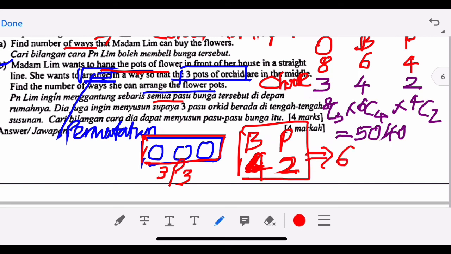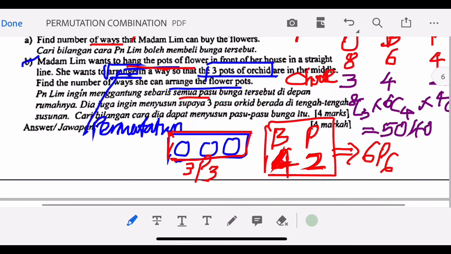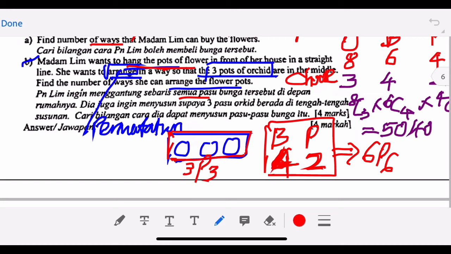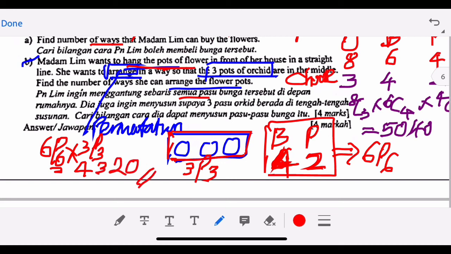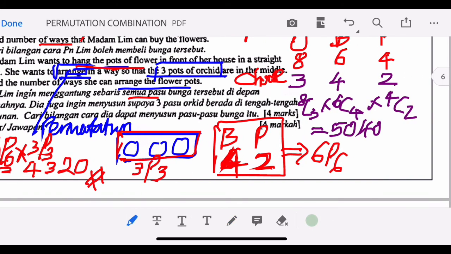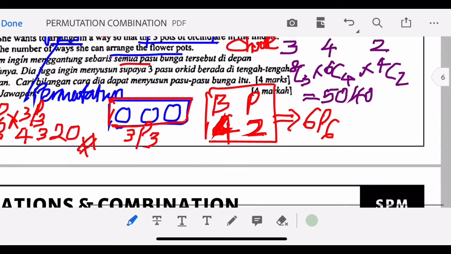So we have 6P6 for the balance of the 2 types of flower pots. In short, Madam Lim can arrange the 6 pots first, 6P6, followed by the orchids, 3P3, right? If you press your calculator, you will get the answer, which is 4320, right?